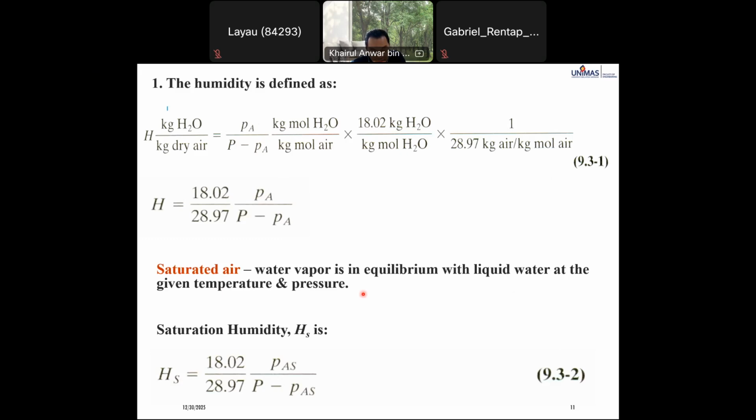Hence the saturation humidity HS is the same, just changing the partial pressure. In this case, the partial pressure of water is equal to the vapor pressure of the water.